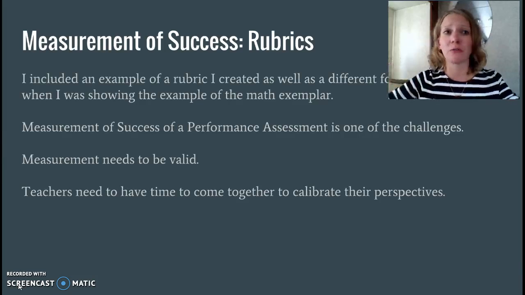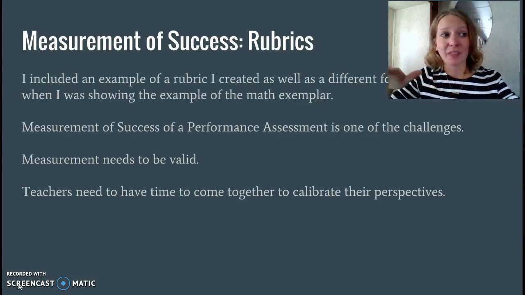Of course, there's always room for human error, but if teachers are able to have the time to come together and ensure that the rubrics that they're using define a commonality, the window of error should decrease. It's important that the teachers have the time to meet and evaluate student work together to calibrate their perspectives, to ensure that they're all viewing the products in the same fashion.